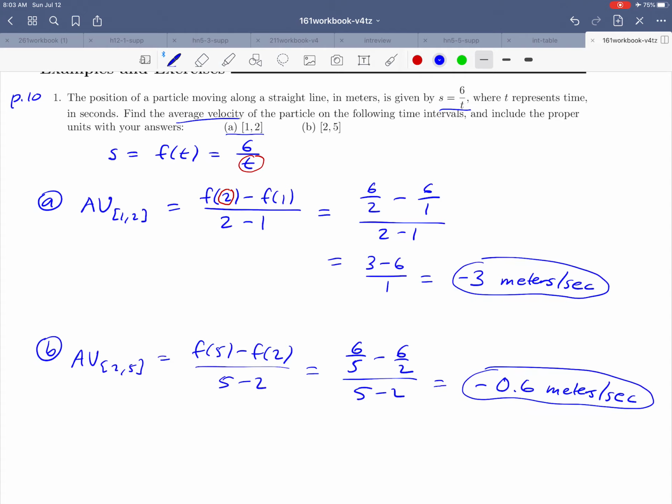Okay, so we've got a particle that's moving along a straight line, and so you can think of these negative velocities as just indicating that it's moving in the negative direction. Maybe if in this problem we chose to call the right direction positive and the left direction negative, it's just an indication of motion to the left. Okay, so negative velocities are okay. They're just an indication of direction, as it turns out.